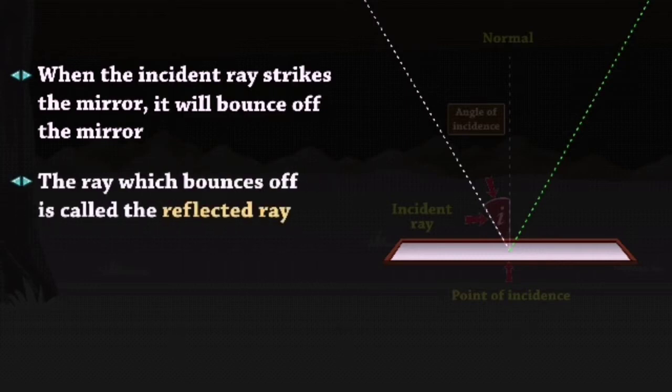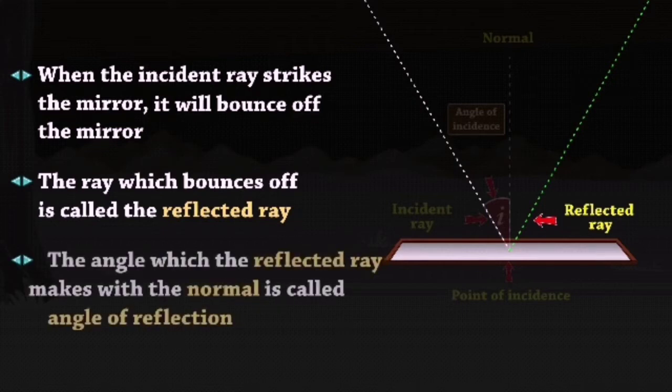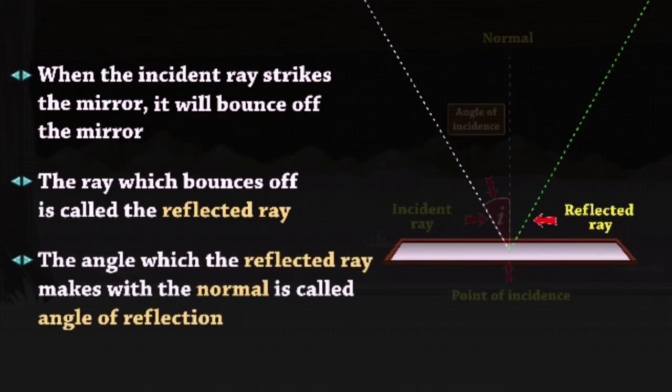The ray which bounces off is called the reflected ray. The angle which the reflected ray makes with the normal is called angle of reflection, that is angle R.